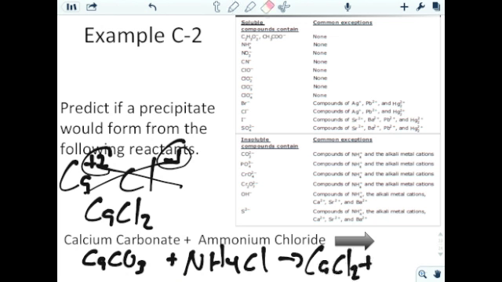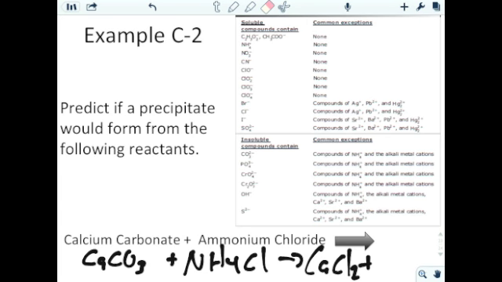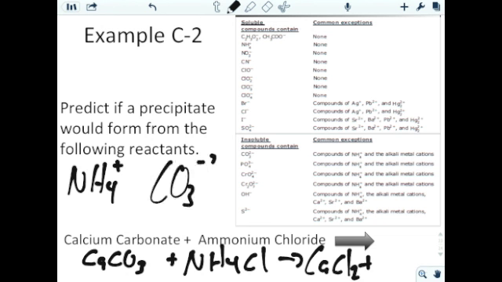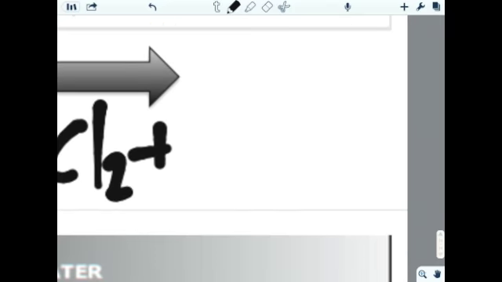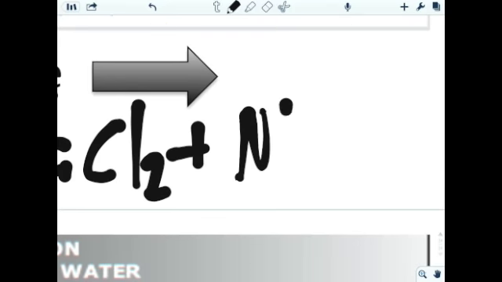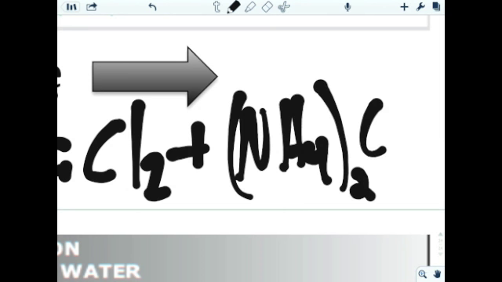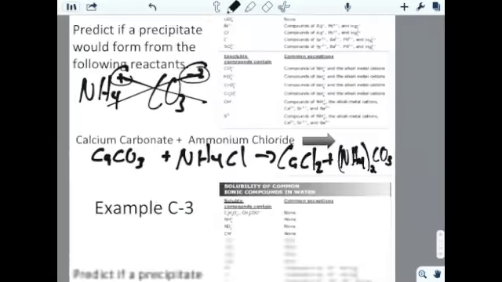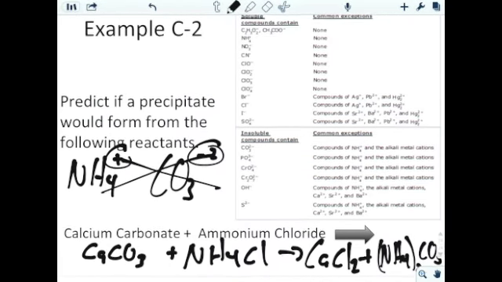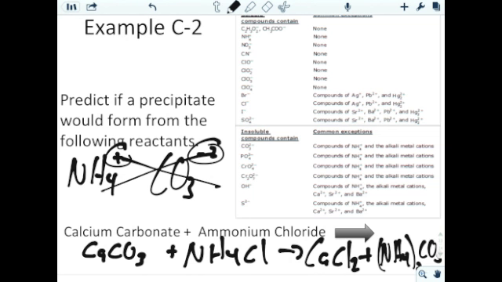Plus the other possible product that we could have is we have our ammonium, which is NH4+, and then our carbonate CO3 -2, crisscross, and we get, I'll zoom in right here, (NH4)2CO3.